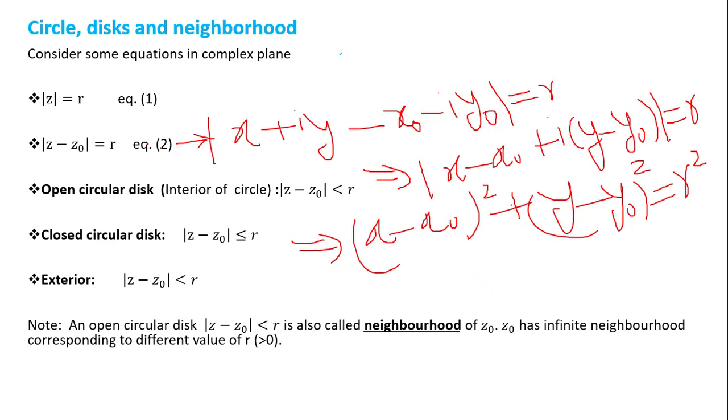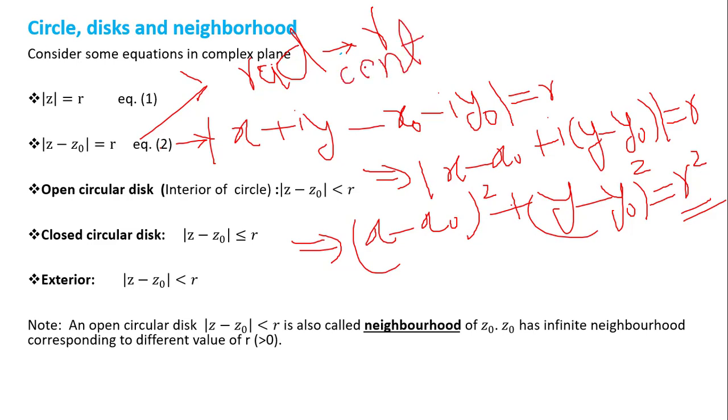So what we got? We got a circle of radius r, and center. Can you tell me the center? At x naught comma y naught. So center x naught comma y naught.